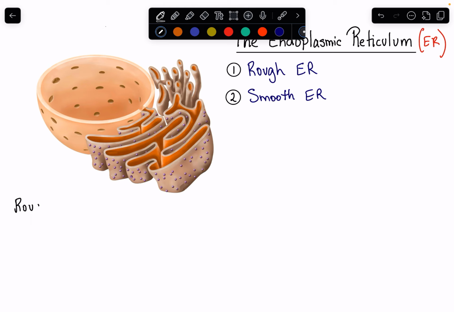So when we talk about the rough ER, what can we take away from it? First and foremost, those things that we see that are all over are called ribosomes.